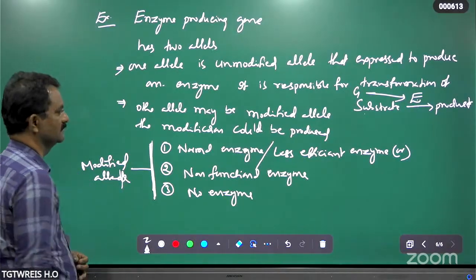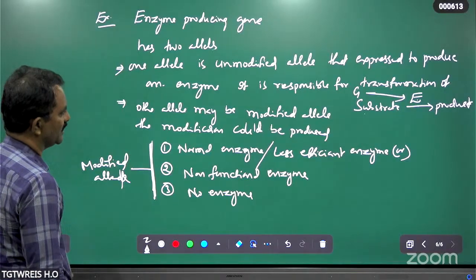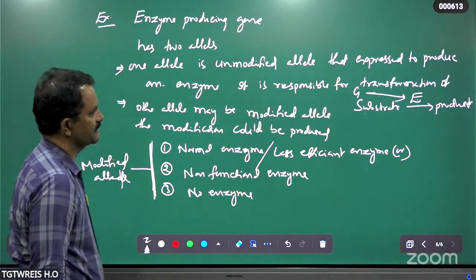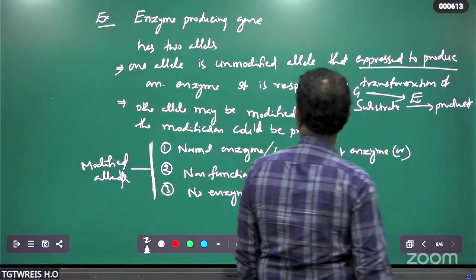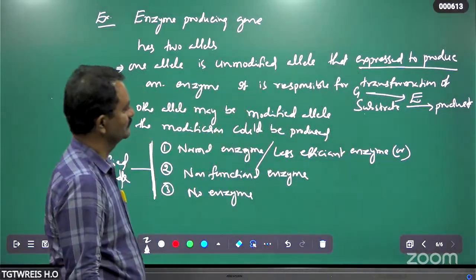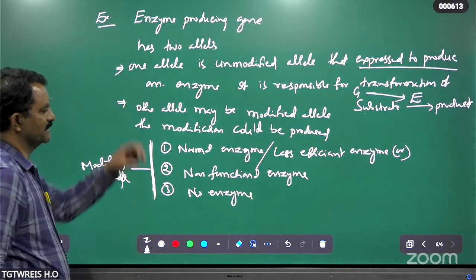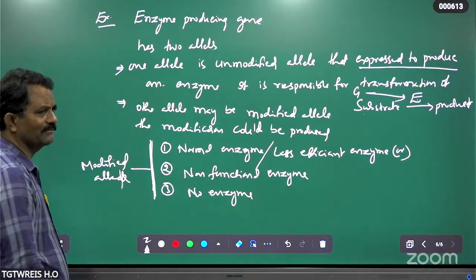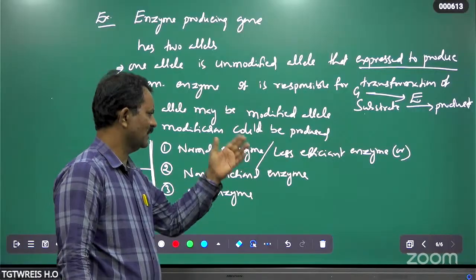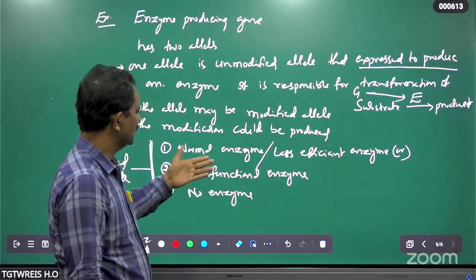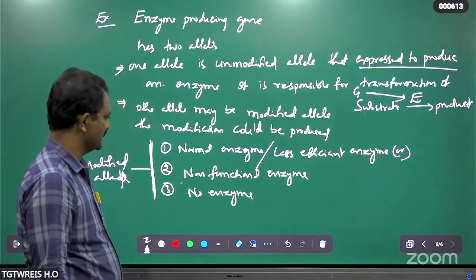Unmodified allele is always expressed, to produce the enzyme. But the other allele may be modified. The modification could be normal enzyme, less efficient enzyme, non-functional enzyme, or no enzyme, in which there are three conditions.